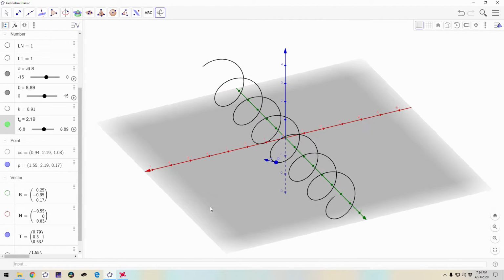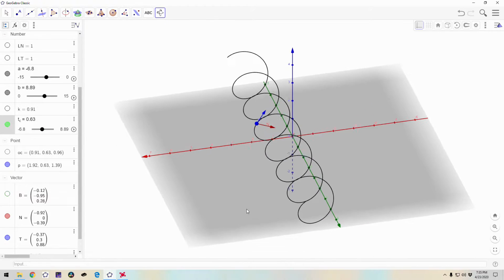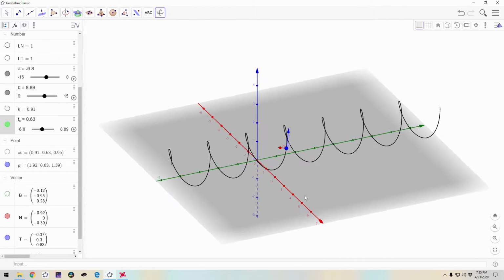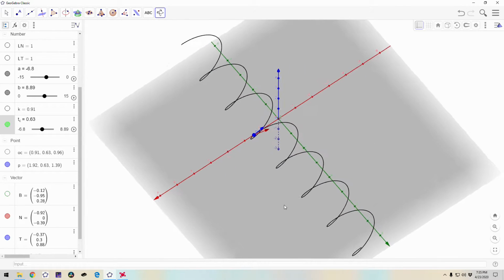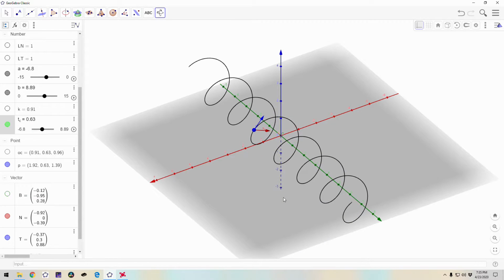What about the unit normal vector? Right? Let's rewind again. The unit normal vector, remember, is going to be perpendicular, but it's always going to be pointing in the direction that the curvature should be bending, right? So look, there's the normal vector right there, and you can see that it's pointing with the curve in some aspects, but also the direction that the tangent vector is going to turn is the way that the normal vector should be pointing.